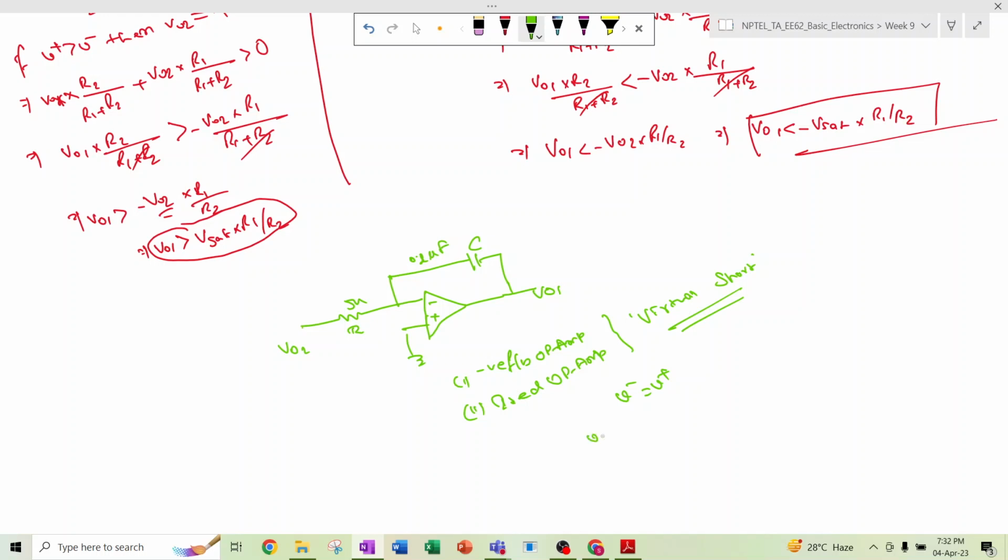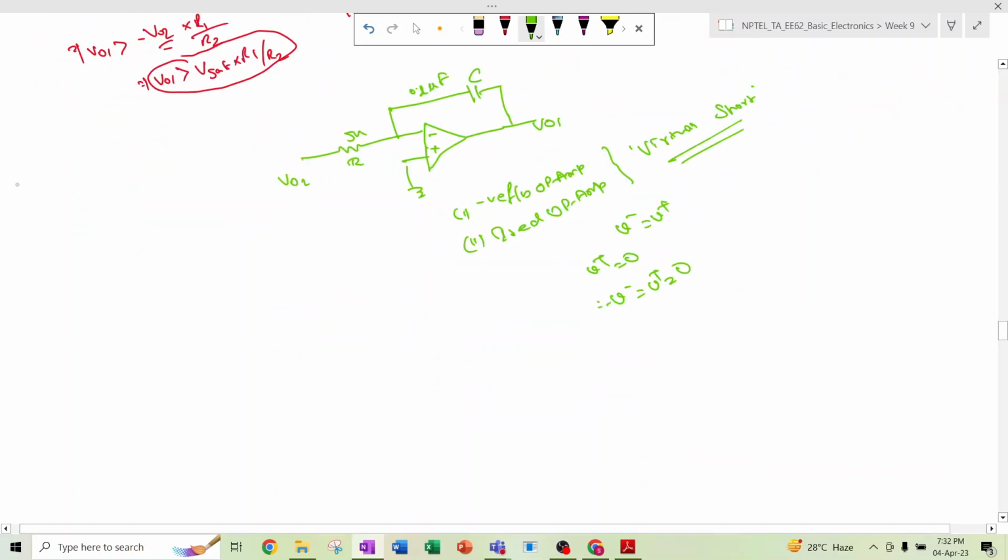Now as V plus is equal to 0, V minus will also be equal to V plus, equal to 0, right? So V minus is also ground, that is 0 volt. Whatever current is flowing in this direction will flow in this direction also, right?